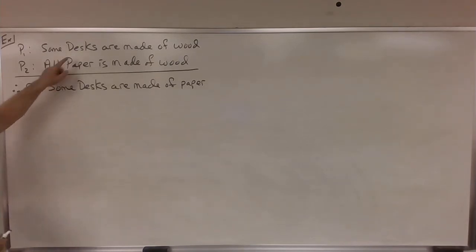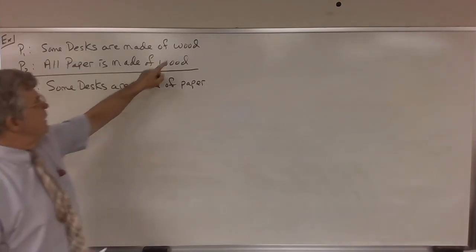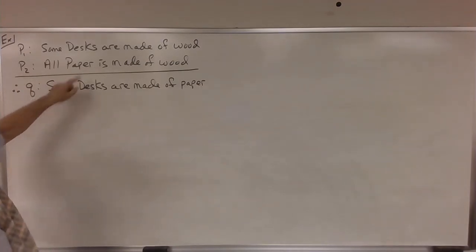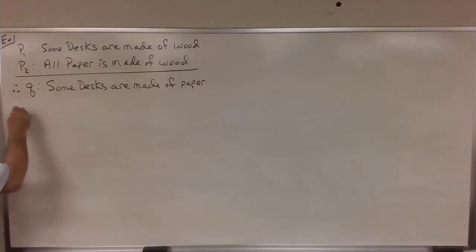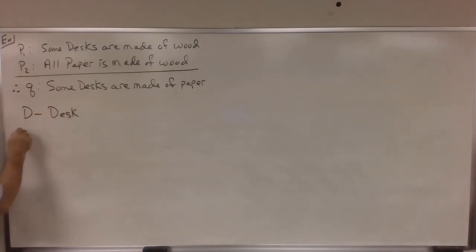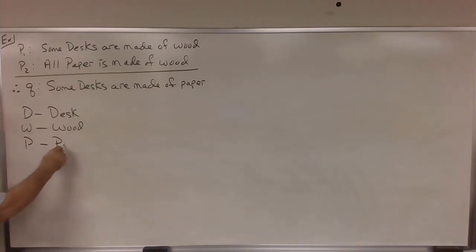We have desks, we have things made of wood, and we have things made of paper. So D is our desk circle. W is our wood circle, things made of wood. And P, things made of paper.